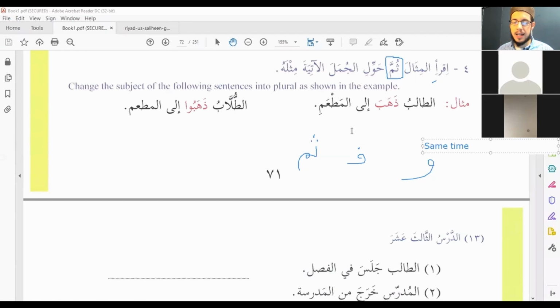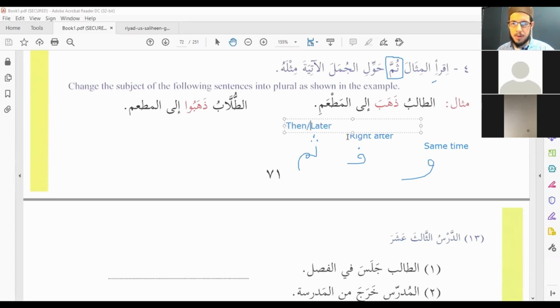If I say Ja'a Muhammadun fa Ahmadu, if I use fa in place of the waw, then this means right after, as far as the spectrum of time goes. And then if I use جاء محمد ثم أحمد, ثم means then, and it communicates later.